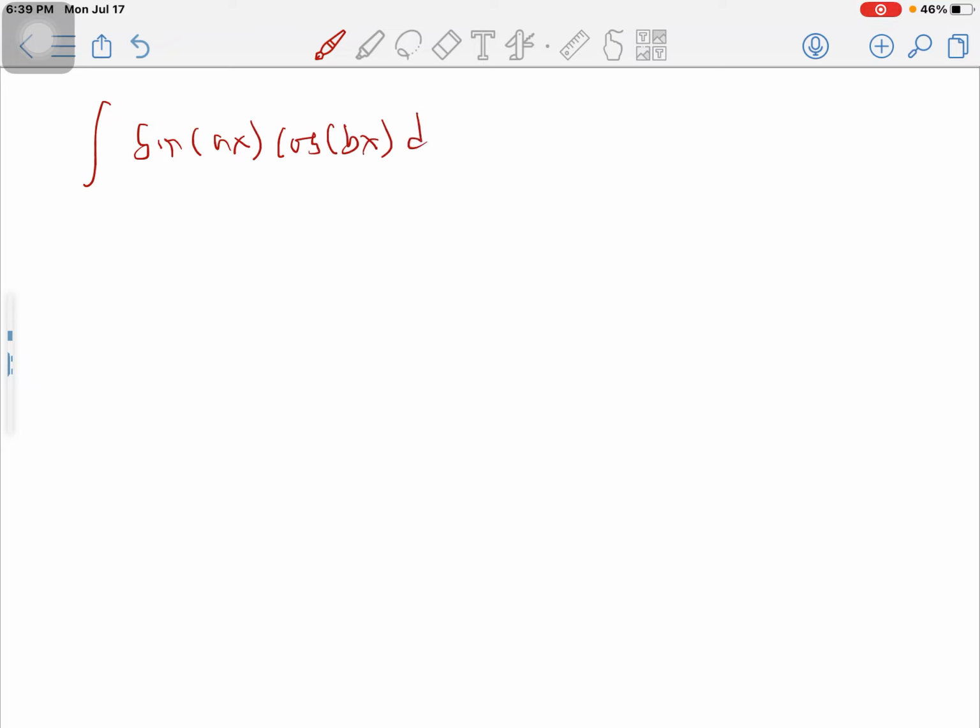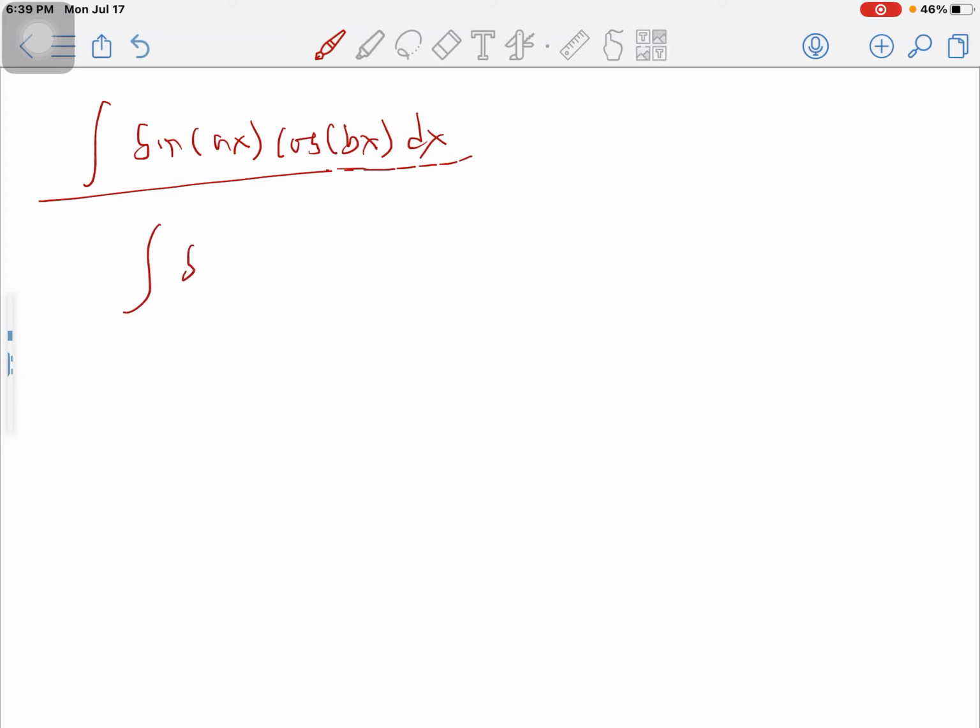Let's evaluate the integral of sine of AX cos of BX dx. In evaluating sine of AX and cos of BX dx, this is actually one of the identities that I've written here.